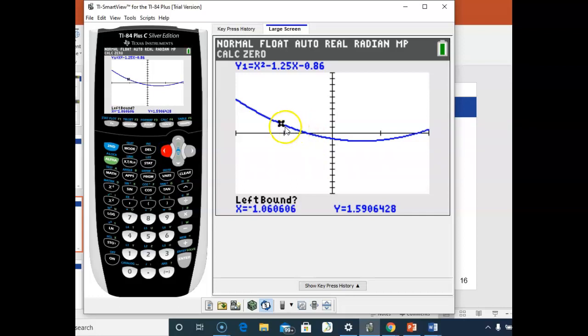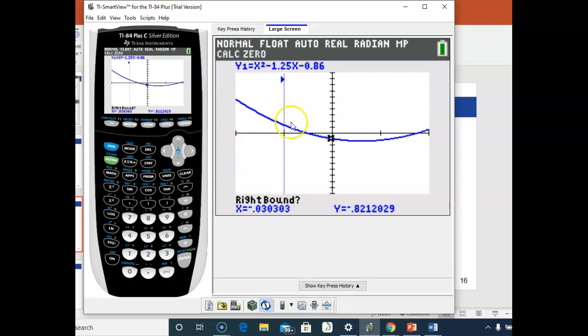It just has to be somewhere to the left. My other option is to just type in -1. That would work as well for my left bound. Okay, so now I want to go to the right bound. So again, I can either use my arrow key to move it to the right.